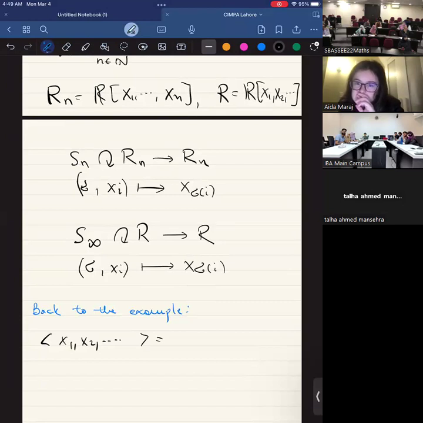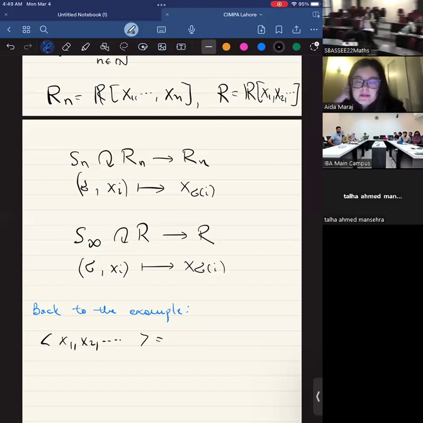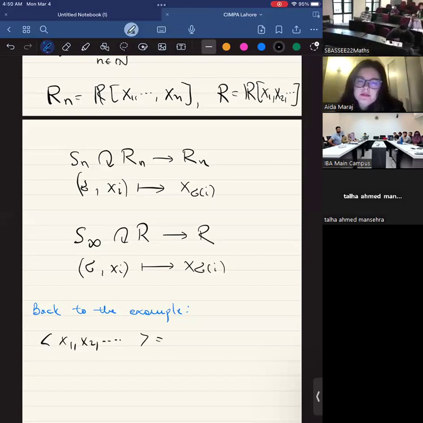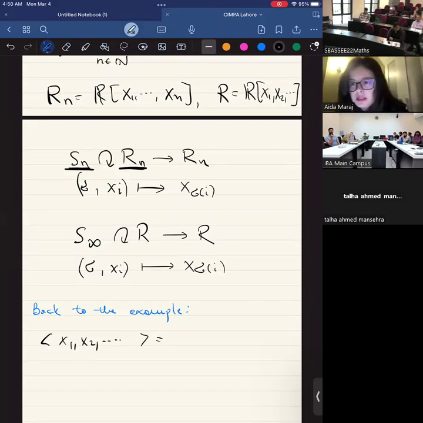It can be defined only on the variables, and it extends linearly and multiplicatively. Say sigma belongs to S2, and the index i is, for example, 3. And what does this mean? So Sn acts on Rn right now.